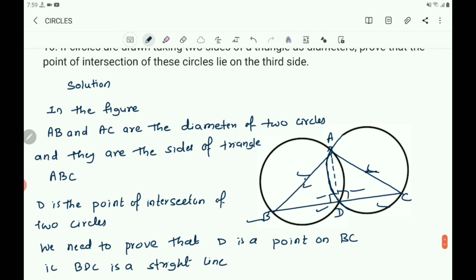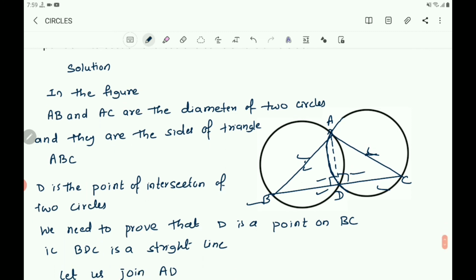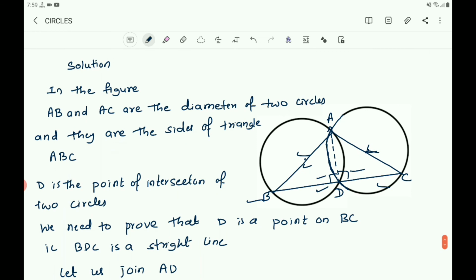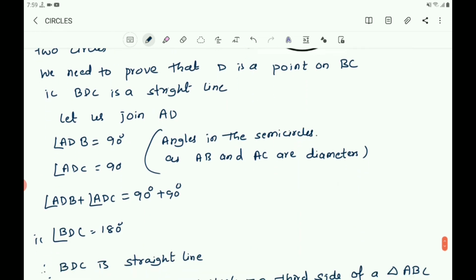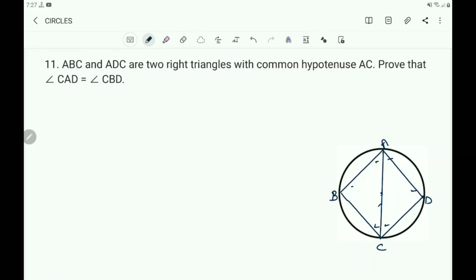Here this is the third side, as AB and AC are the diameters of the two circles, and D is a point of intersection which lies on the third side of the triangle ABC. Children, let us take the 11th question. It is given that ABC and ADC are two right triangles with common hypotenuse AC.